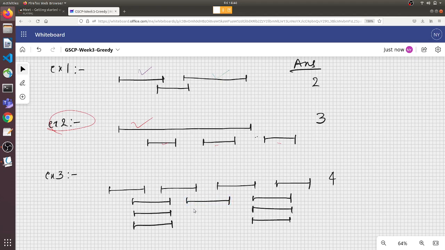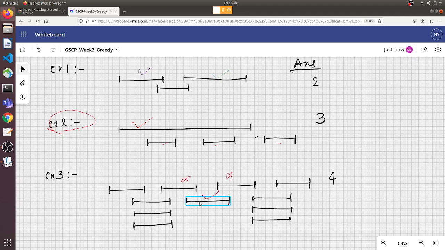And the last example here is actually showing us that if we greedily pick an interval which is overlapping with the least number of intervals, for example this one which I have highlighted, if we pick this interval first because it is overlapping with only 2 intervals, then we cannot pick these 2.